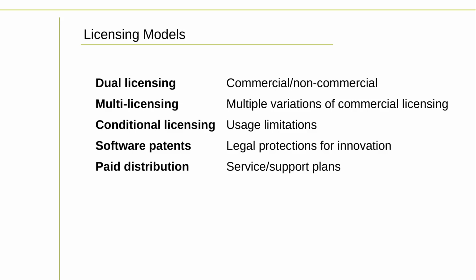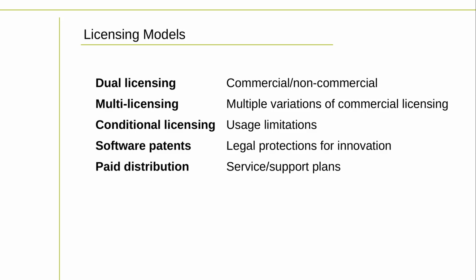By providing additional value-added services, companies can differentiate themselves from competitors and attract customers who are willing to pay for those services. For example, a company that provides consulting services for a popular open source database software like PostgreSQL might charge customers for help with installation, configuration, and optimization.